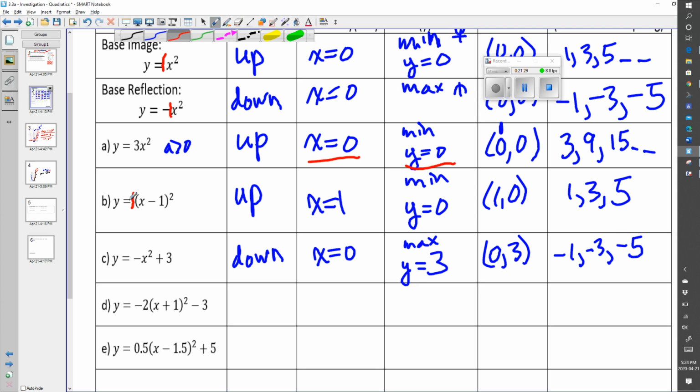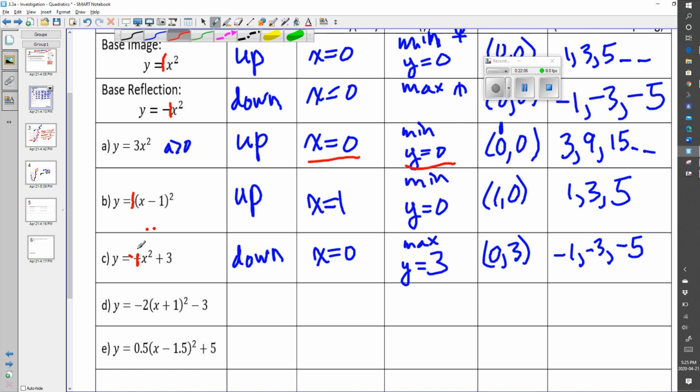Now, if I look at the base reflection of y equals -x squared, we've got this, -x squared. And because it's actually -1, and if I could just draw it, the value would be 1 times -1, which gives us -1. 3 times -1 gives us -3.